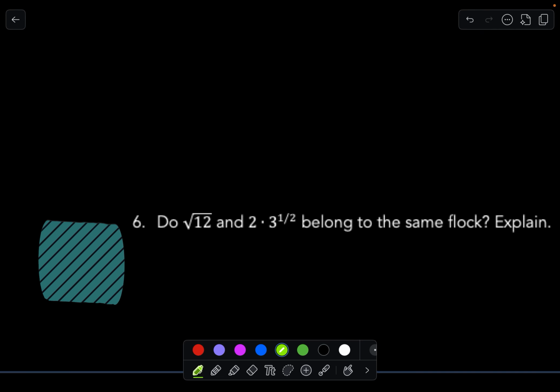Now, we'll do a few examples. Example 6: is the square root of 12 equal to 2 times 3 to the 1/2 power?